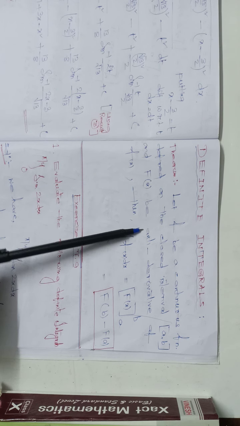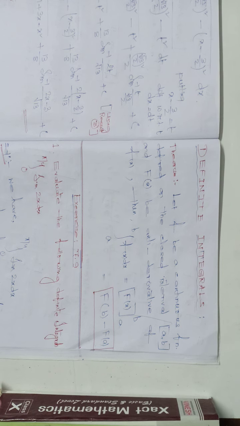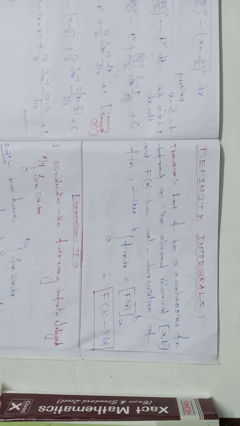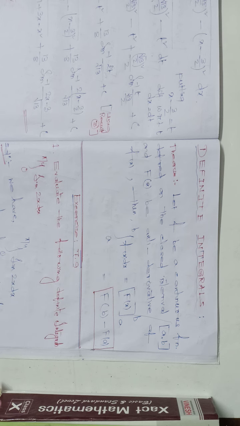Then F(x) be the antiderivative of small f(x). Then integral a to b f(x) dx can be written as, if integration of f(x) dx is capital F(x) and its limit is taken a to b, so it becomes F(b) minus F(a).